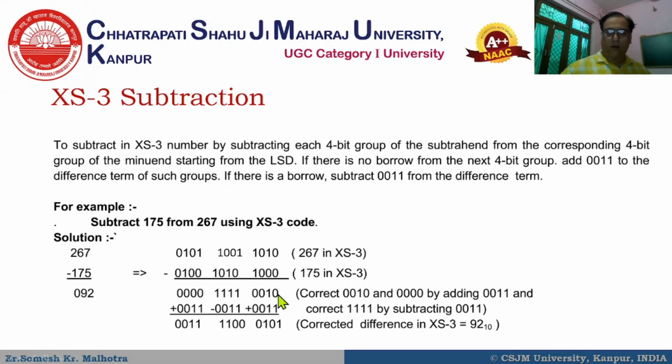Now, in this case, there is no borrow generated. Therefore, we will be adding 0011 to this part. Now, let us see the next part. In this, one is borrowed, 1 minus 0 is 1. For this, 10 minus 11, 1 is borrowed. Again, if the 1 is borrowed, you will be getting 1 over here. Finally, you are left with 0.